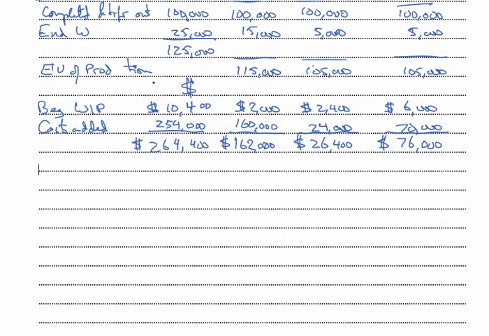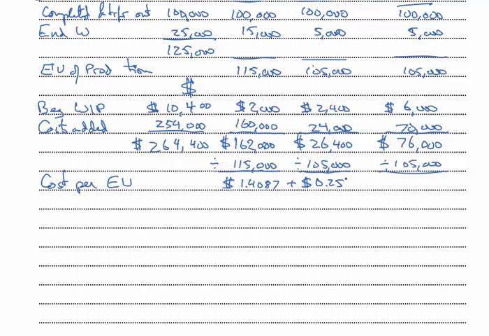And now we're going to divide by equivalent units. So divide by 115,000, divide by 105,000, and divide by 105,000, which should give us cost per equivalent unit. $1.4087, I'll go to 4 decimals, plus this one here, 0.2514, plus 0.7238.